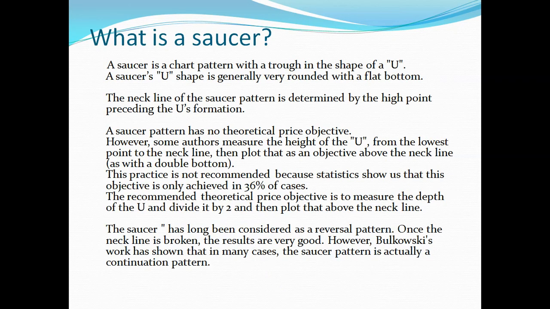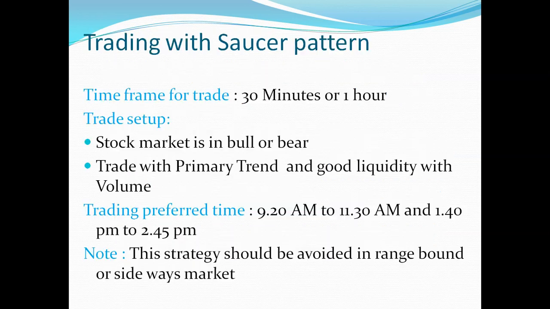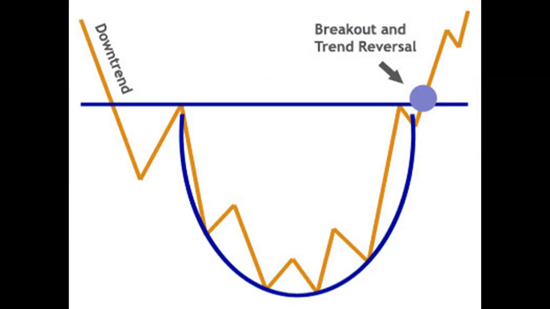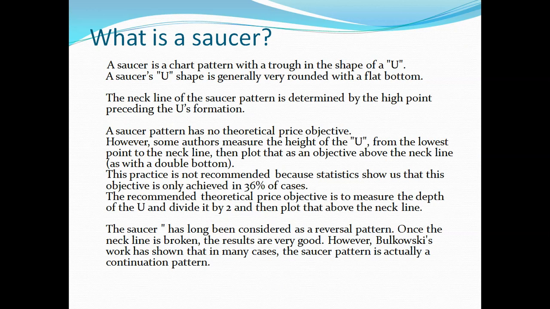A saucer is a chart pattern in the shape of a U. A saucer U shape is generally very rounded with a flat bottom. So you see it is a kind of U with a very rounded bottom. The neckline of the saucer pattern is determined by the high point preceding the U formation.